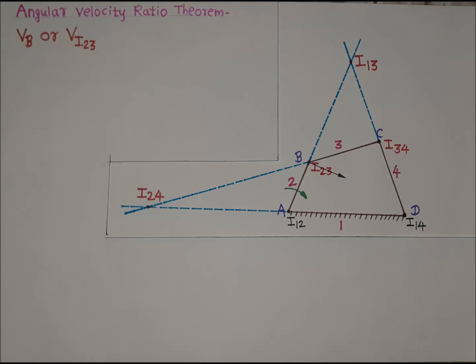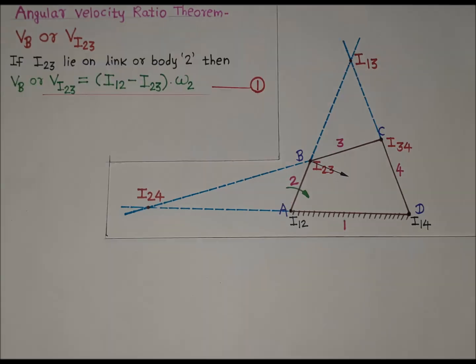Hence, ICR I23 can lie either on body 2 or on body 3. If I23 lies on link 2 or body 2, then VB or VI23 will be equal to I12 I23 into omega 2.